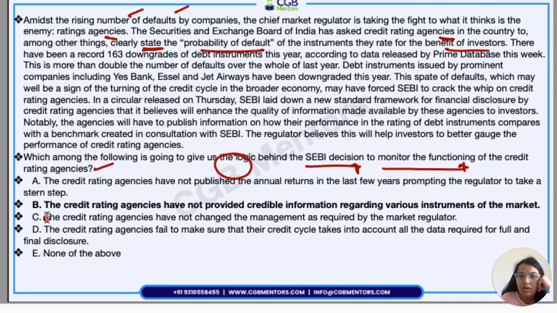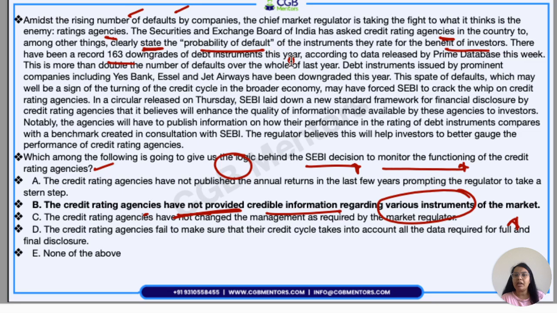Okay, so credit rating agencies have not provided credible information regarding various instruments of the market, तभी तो clearly state करने के लिए बोला है, right? We can see there have been a record of 160 downgrades of debt instruments. This is more than the earlier ones, and there have been defaults and all.